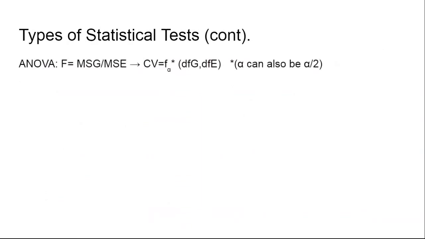The final statistical test is analysis of variance, or ANOVA, which is used to compare the means of more than two populations. To find the value of F, you have to find the mean squared variation divided by the mean squared error, or MSG over MSE. The formulas and corresponding components are as follows.